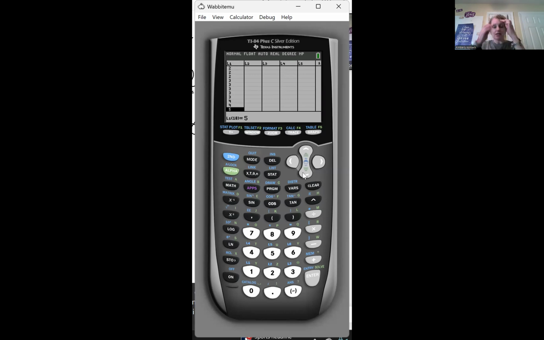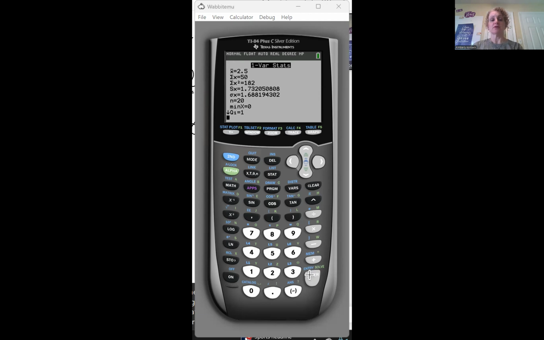Okay, but then at that point, you press stat and you go over to calc and you do one variable stats, enter, enter, enter, and you get your mean, x bar, which is 2.5, your median, MED, which if you scroll down is also 2.5.